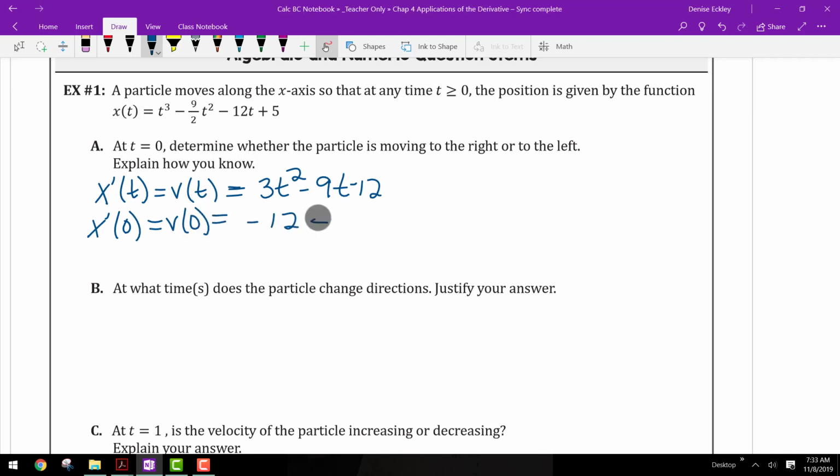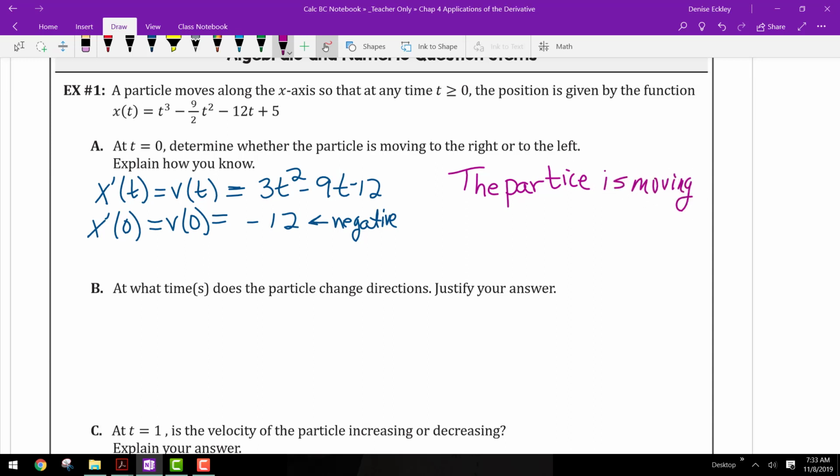Since this is negative, we can say the particle is moving to the left since v of 0 is less than 0.